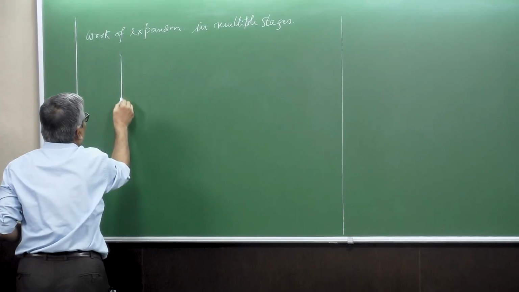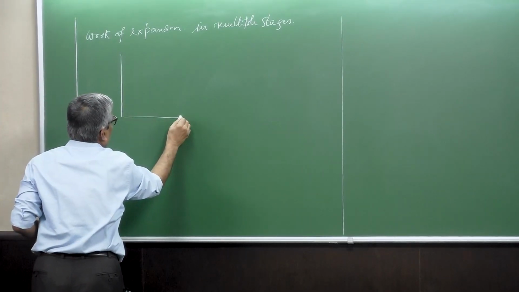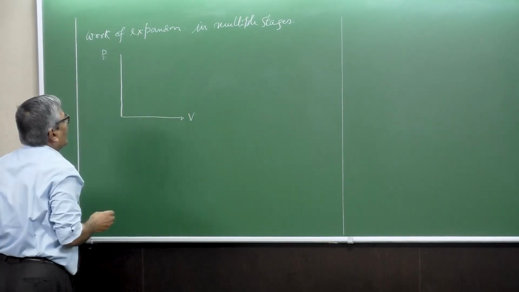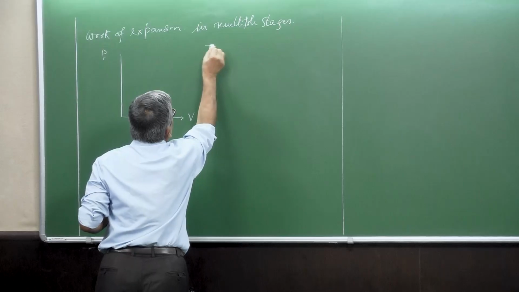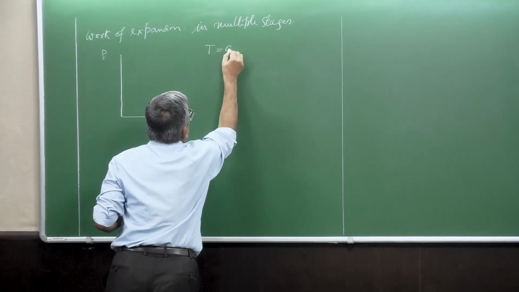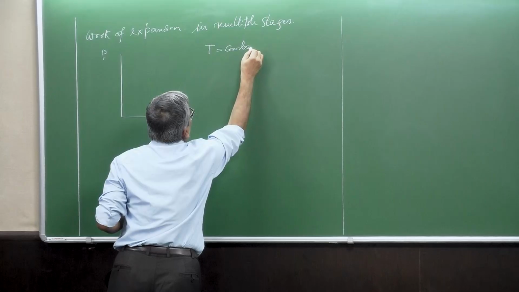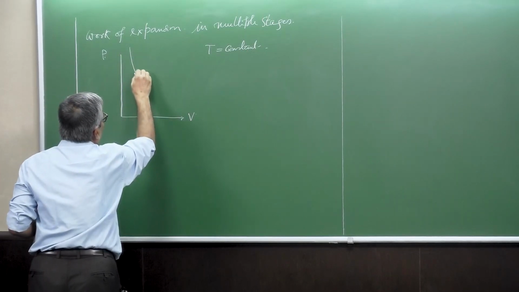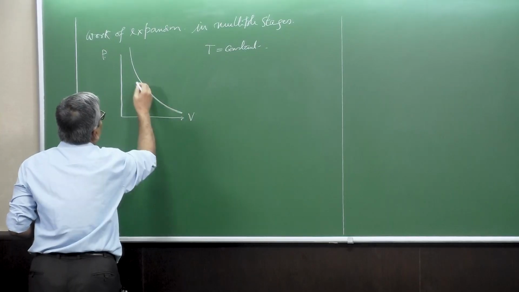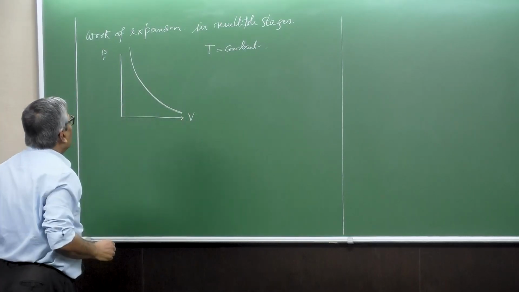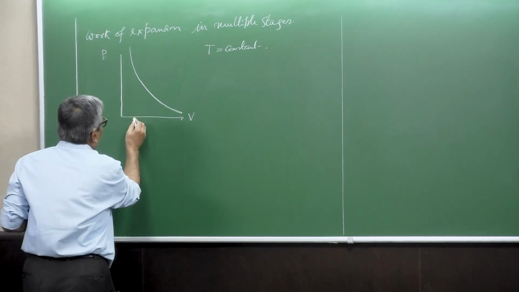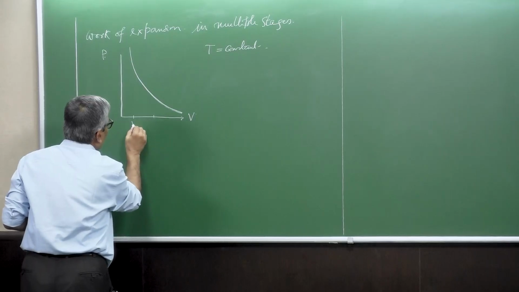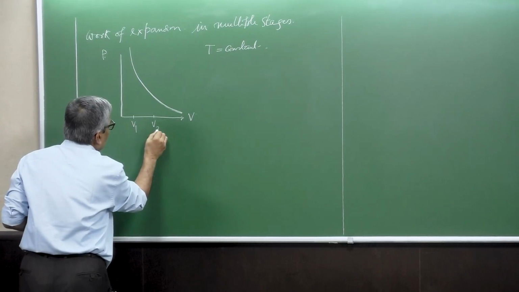So we come back to the PV diagram for the gas, when temperature is kept constant, and we have the equilibrium curve for the pressure and volume of a gas, and I want an expansion of the gas from the volume V1 to volume V2.